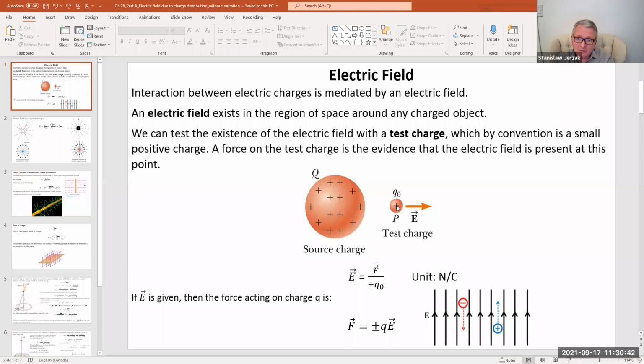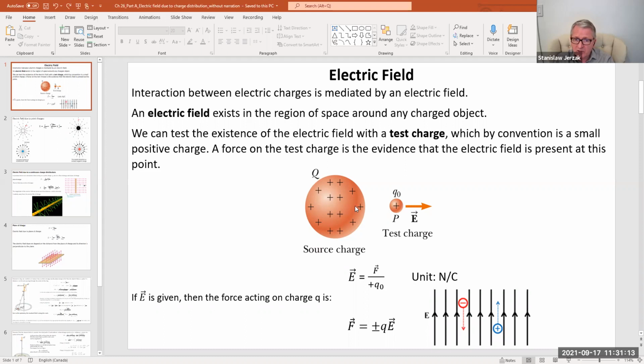So Michael Faraday a long time ago defined the electric field as the force acting on that test charge Q0 divided by the test charge, so that electric field, as you will see in a minute, is actually independent of Q0. But this is the definition, that electric field is the force exerted on that test charge Q0 divided by that positive test charge Q0.